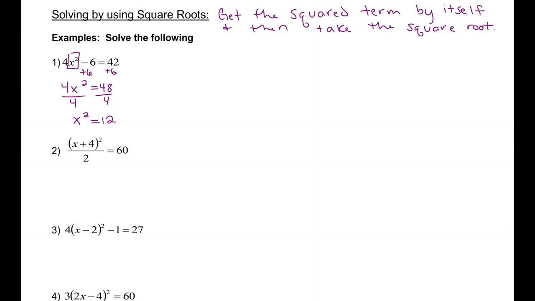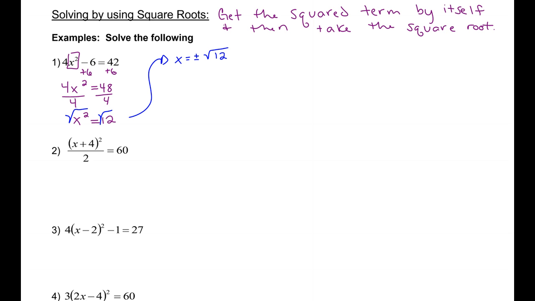To get x squared is equal to 12. So now that we have the x squared by itself, I'm going to take the square root of both sides. The square root of x squared gives me x. You want to remember that you can get a positive or a negative number from a square root. So I get plus or minus the square root of 12.